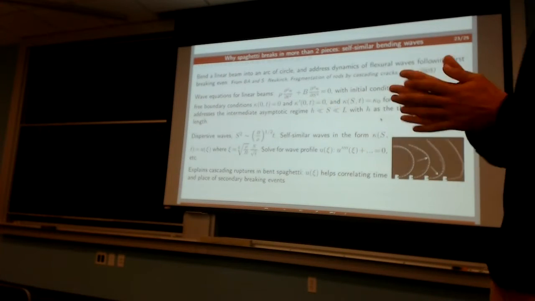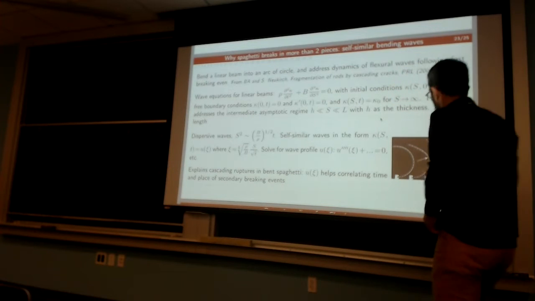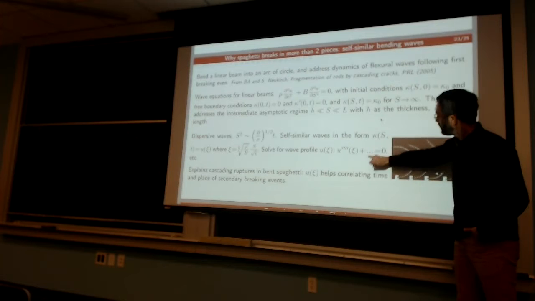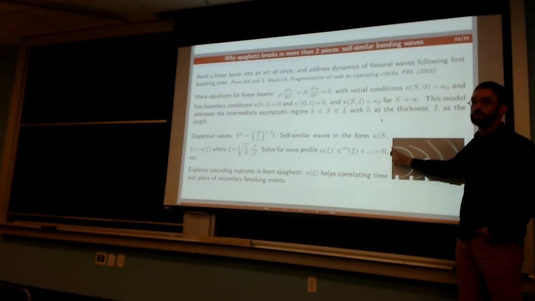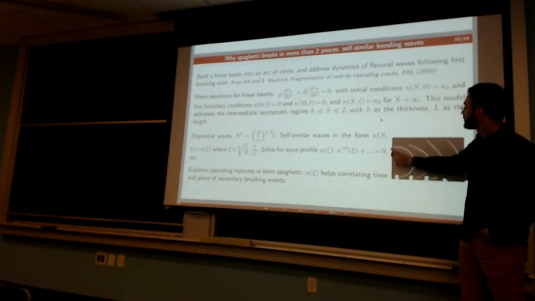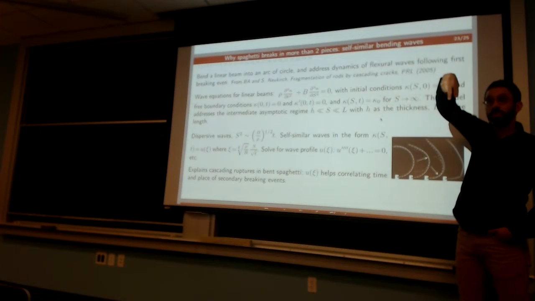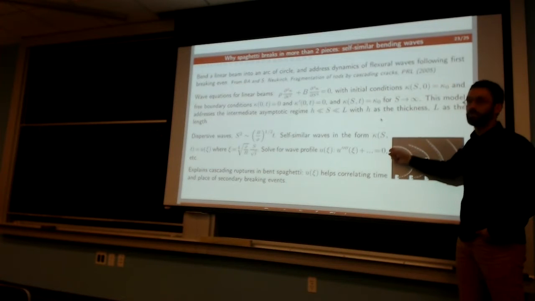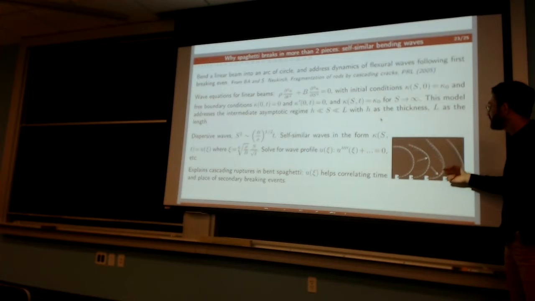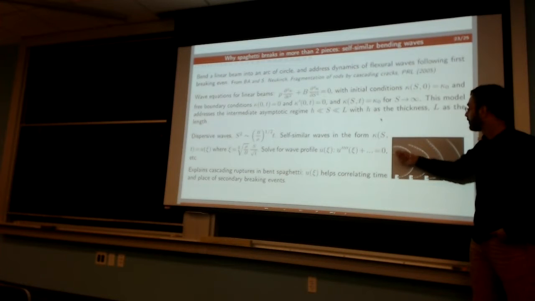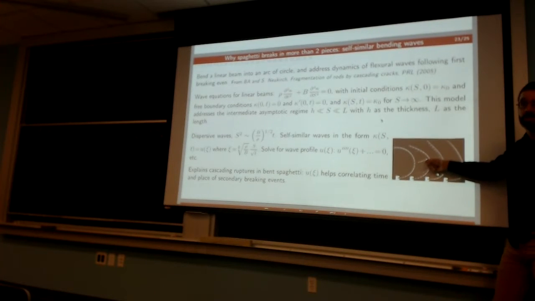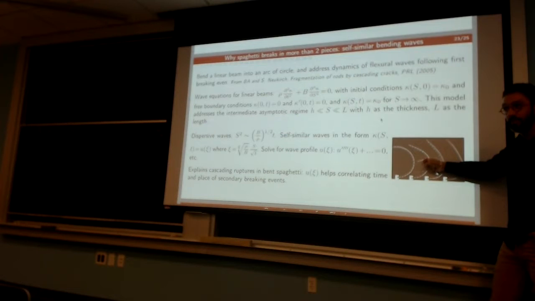One idea was that you start from a bent piece of spaghetti, so that would be just one half of the entire pasta, and you release it suddenly from one end, keeping the other end clamped. This release mimics the first breaking event. The idea is that the flexural wave dynamics that follow this event increase the curvature transiently.